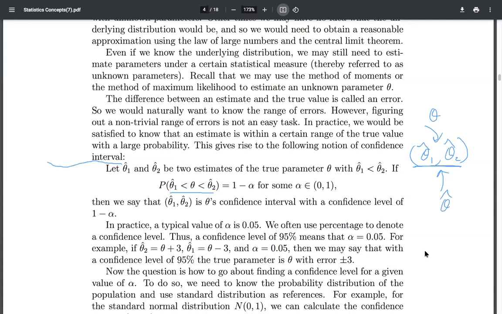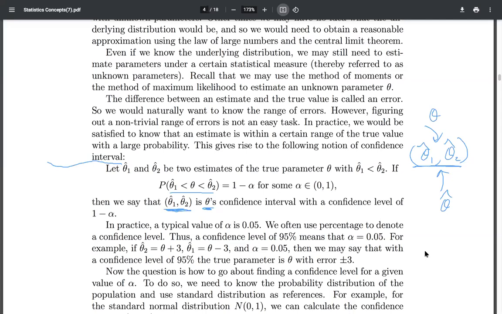Of course, I want this alpha to be small. If it's small, then of course I have a better confidence level. Then you may often see people say that this interval is the estimated parameter's confidence interval with a confidence level of 1 minus alpha.